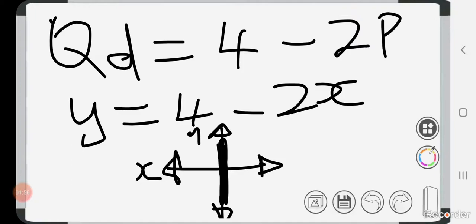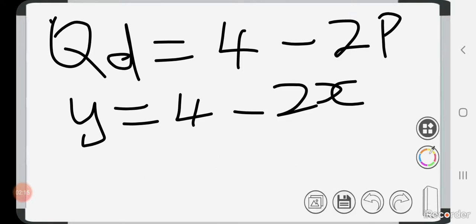Now, you want to find out what is y when x is 0. We don't know what y is going to be. And then the same thing again, we're going to go to the x-axis. We know that y is 0 here. We're going to say, when y is 0, what is x? Right?